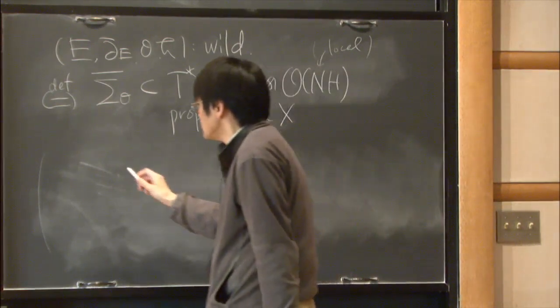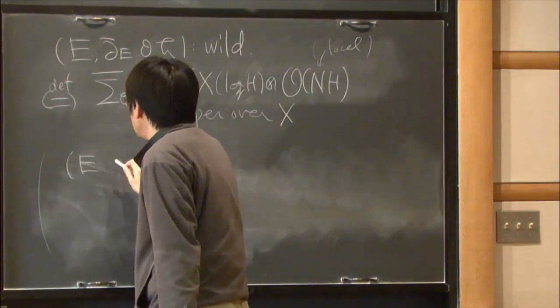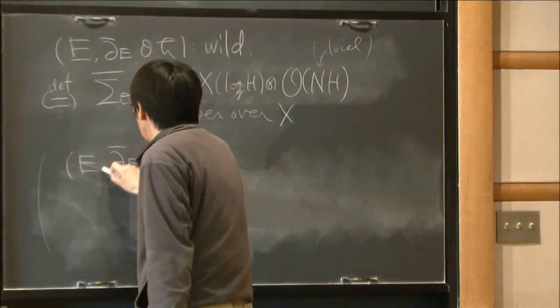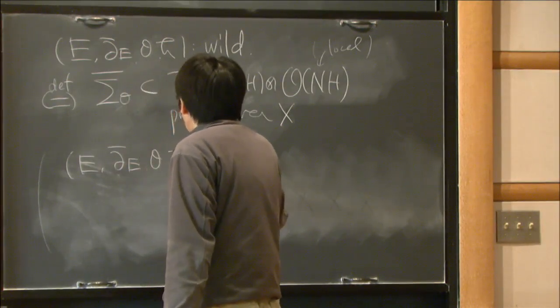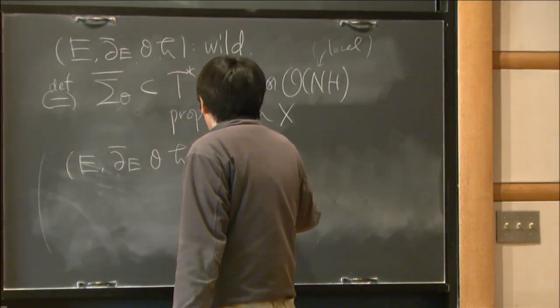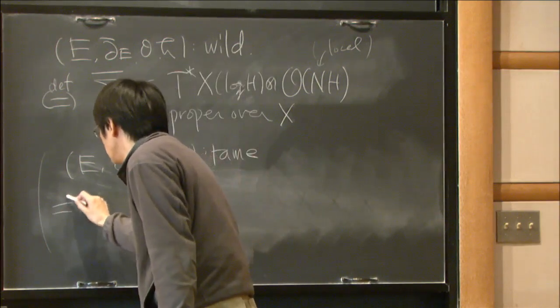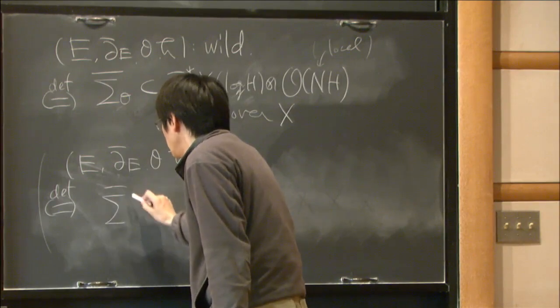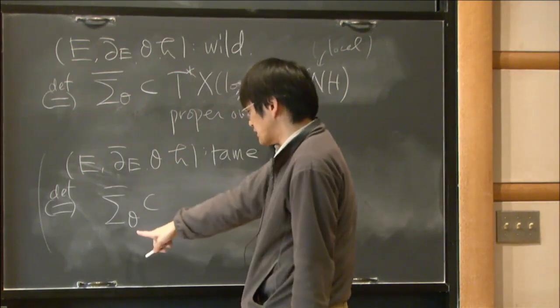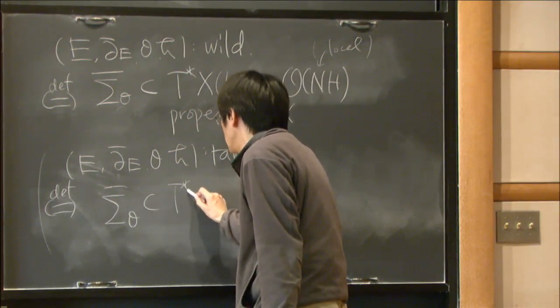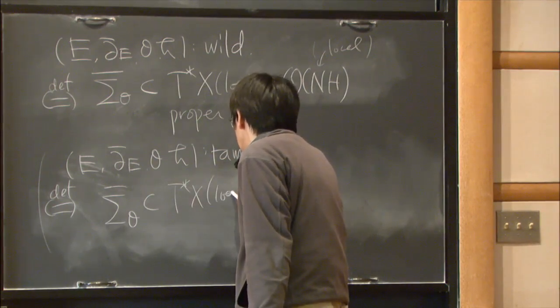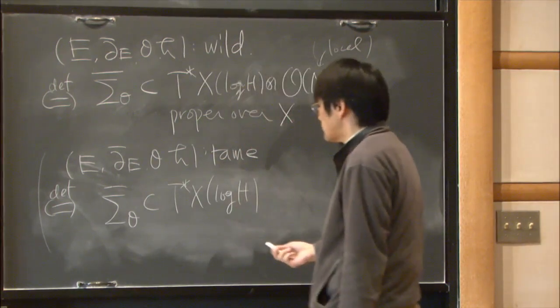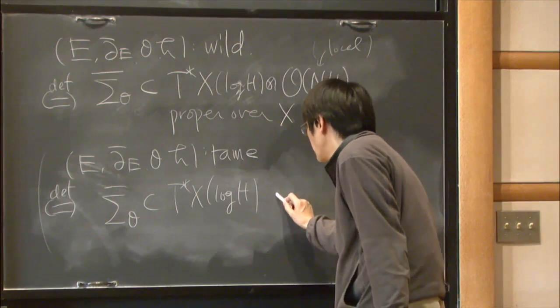So let me mention it. This harmonic bundle is called tame if the closure of the spectral variety in the logarithmic cotangent bundle is proper over X.